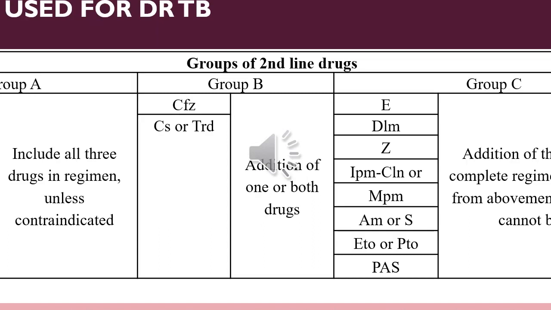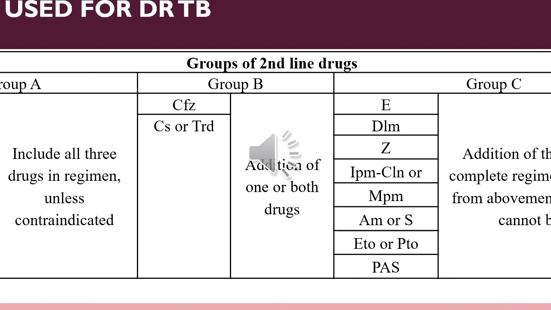Just to give an introduction to the drugs used for the treatment of drug-resistant tuberculosis, they are divided into three groups and they need to be given in a combination. This regimen is decided at the PMDT site, but the group A drugs include fluoroquinolones, linezolid, bedaquiline.